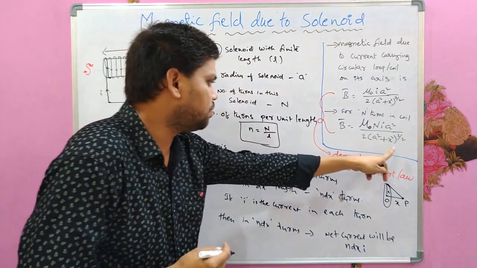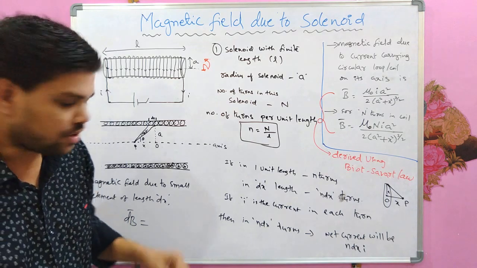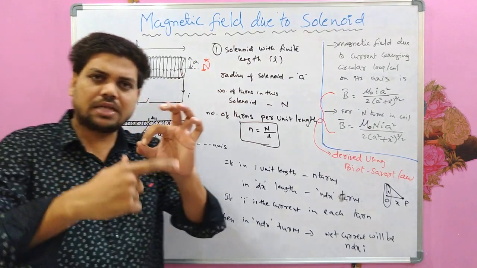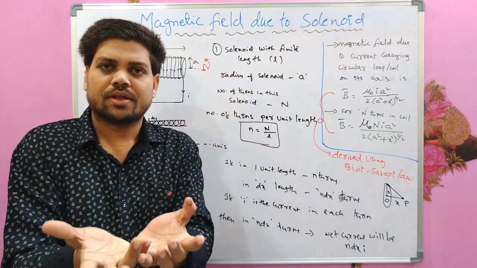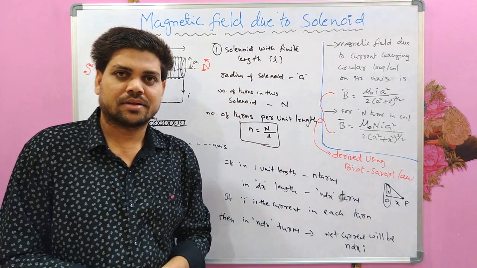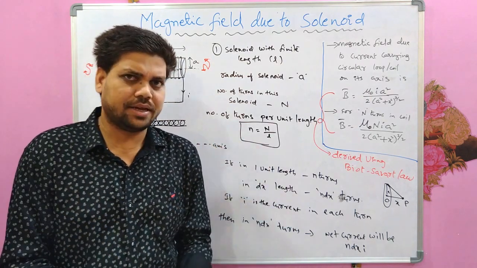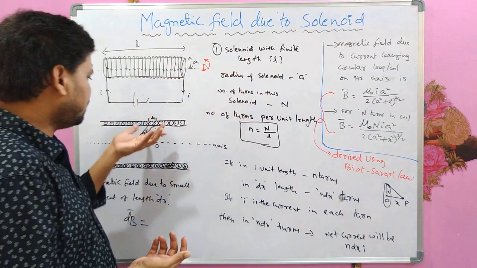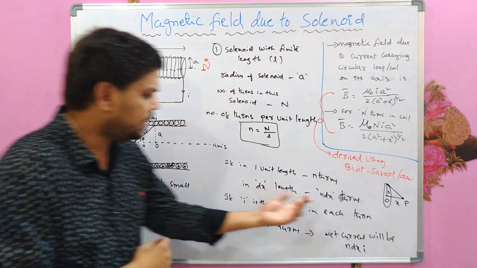How to apply this formula here? If you observe this, a small segment of the solenoid is like a circular coil, maybe one turn, maybe two turns, any number of turns. Here, how many turns are present in the small segment of the solenoid? ndx turns.